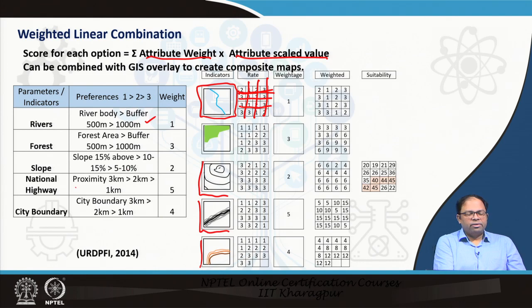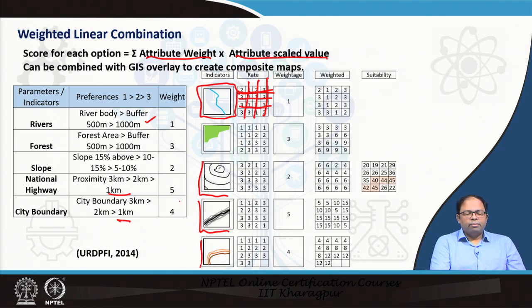And in the same way we give values for slope. 1 is of course bad, 3 is good. For national highway, the nearer we are to the national highway, the higher the score we give. So if we are within 1 kilometer, we give it a score of 3, and the same goes for city boundary. If we are near the city boundary, then we give it a higher score, and so on. So we put these scores for each cell, then we multiply, and we determine the weightages of each of these criteria.